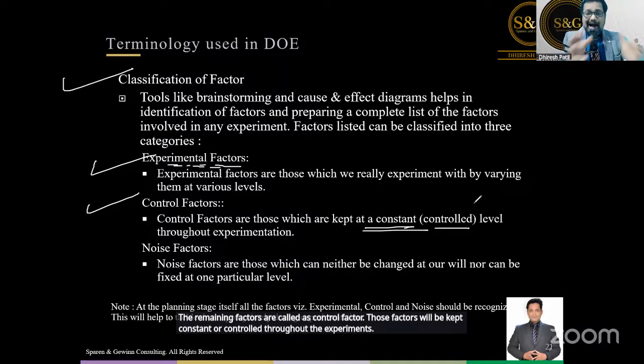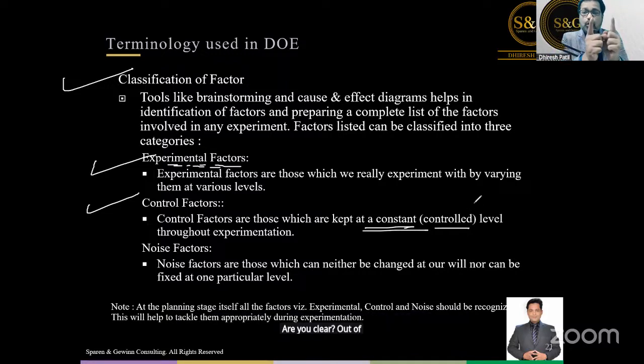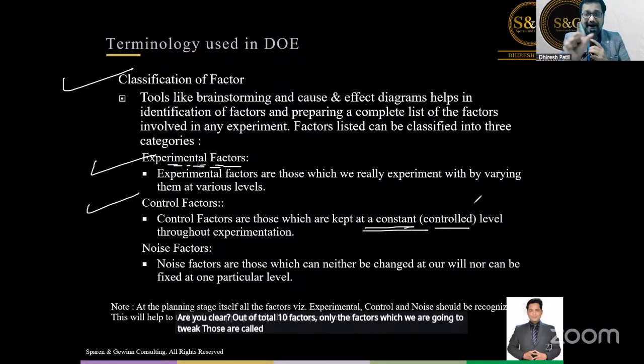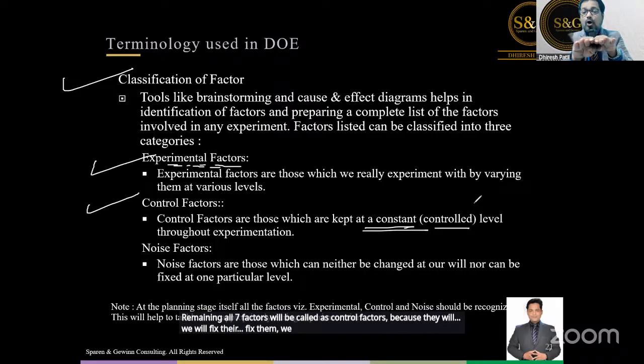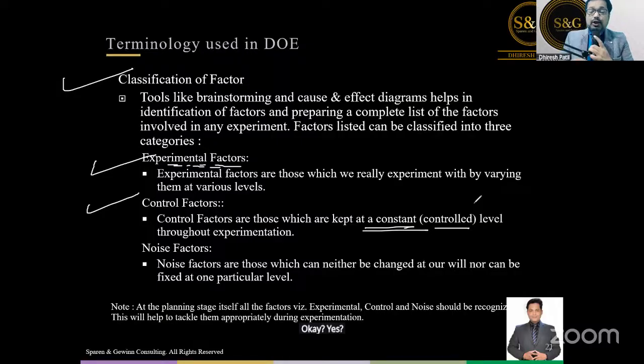Out of a total of 10 factors, only the factors which we are going to tweak are called experimental factors. The remaining 7 factors will be called control factors, because we will fix them and keep them constant. So to decide this, we require domain expertise, right?